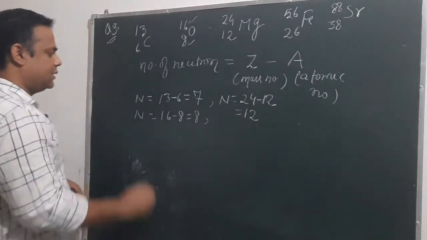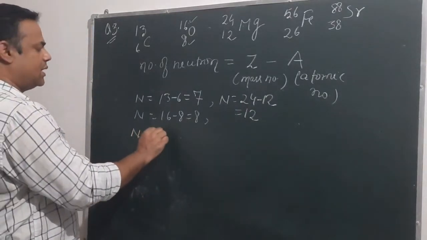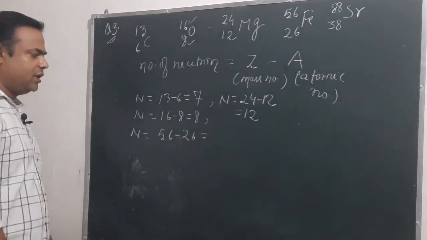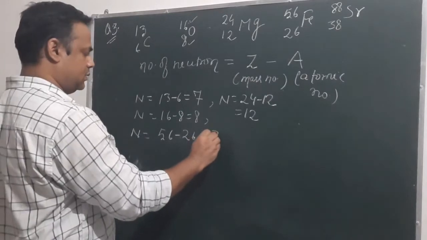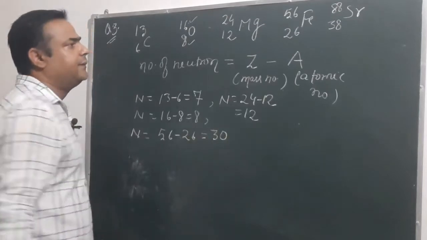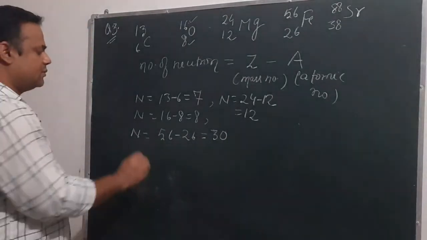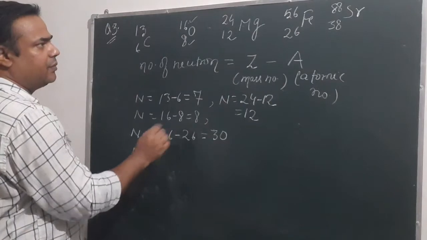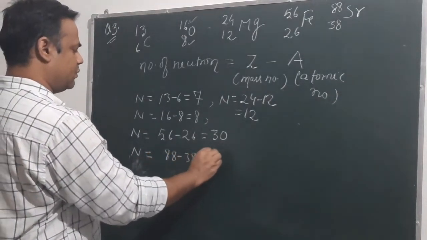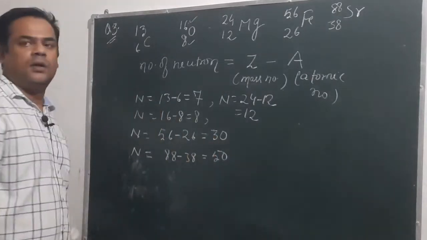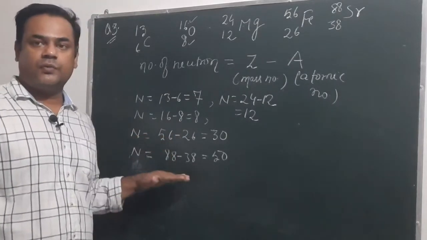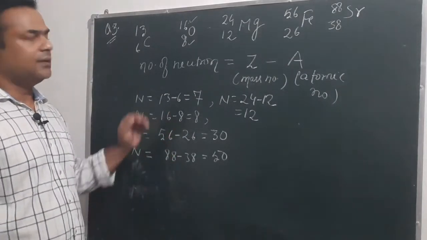In case of iron, number of neutrons N will be mass number 56 minus atomic number 26, and this will be equal to 30. Now in case of strontium, number of neutrons will be mass number 88 minus 38, and this will be equal to 50. So if we subtract the atomic number from mass number, we can calculate the total number of neutrons present in an atom.